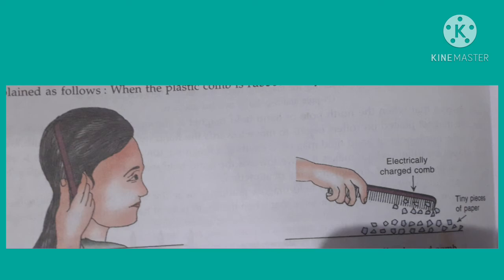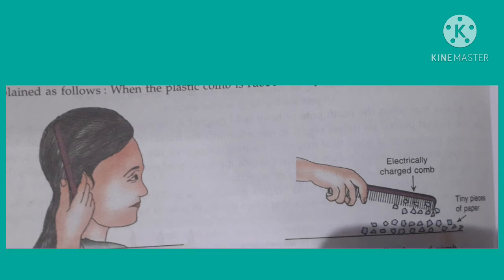When the plastic comb is rubbed in dry hair, the comb gets electric charges by friction. And when this electrically charged comb is brought near the tiny pieces of paper, it exerts an electrostatic force of attraction on them.